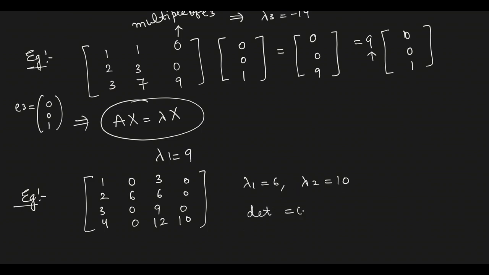So one eigenvalue is 0. The third one is 10, the fourth one is 10. The third row is a scalar multiple of the first row. If I multiply the first column by 3, I will get the third column. Row wise also, if I multiply the first row by 3, I will get the third row.